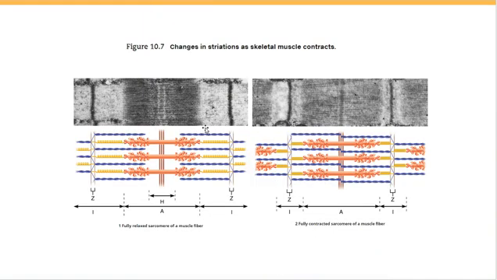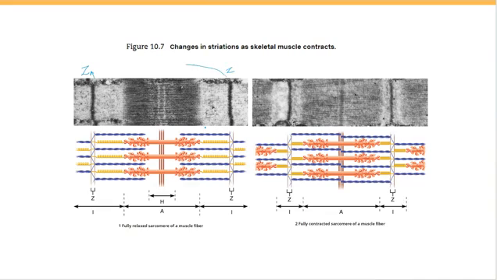Okay, let's see what's going to happen during skeletal muscle contraction, or what the changes in striations are as the skeletal muscle contracts. If you look at this picture, it's showing a fully relaxed sarcomere. Then I'm going to label this line as the Z line and another Z line.